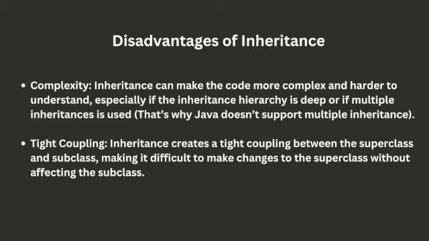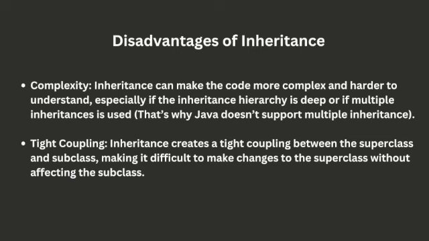The same goes for tight coupling, because everything is used here and there multiple times. So the subclass makes it difficult to change the superclass without affecting the subclasses. So we have to write many different test cases to ensure no previous code is harmed when we change to the new code.